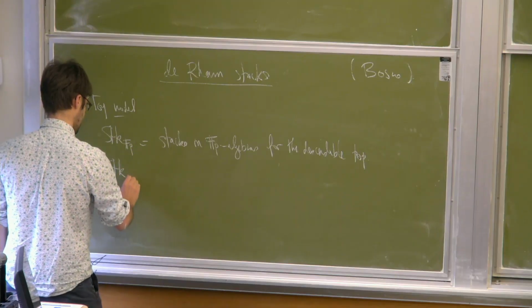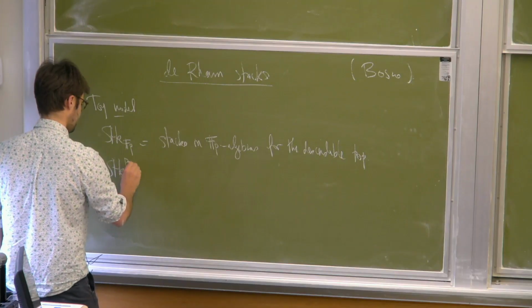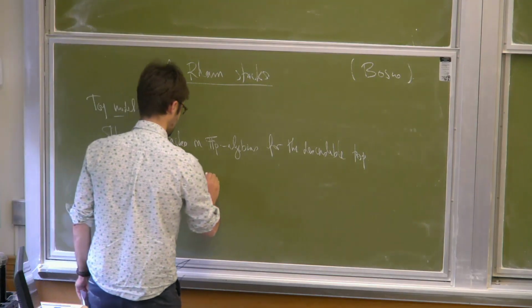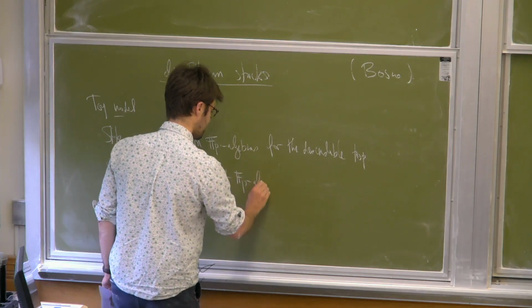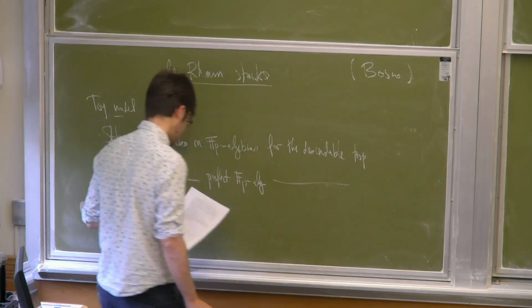And then I denote by Stack_{F_p}^{perf} the same category, but now I only look at perfect F_p-algebras, so those on which Frobenius is an isomorphism. And again, for the descendable topology.